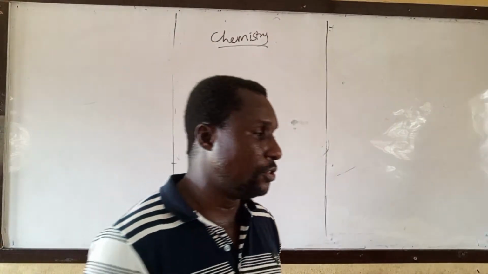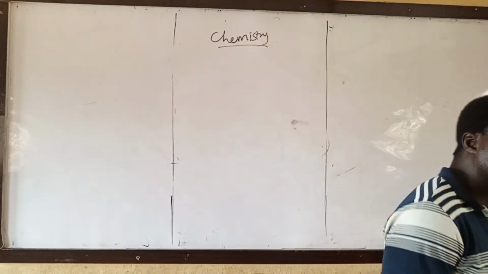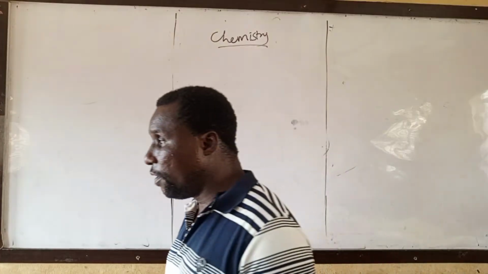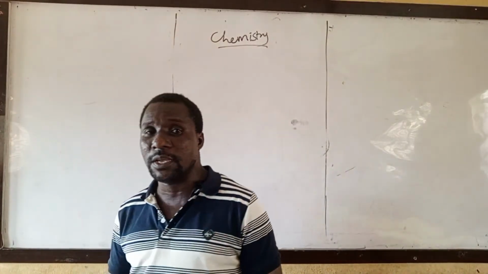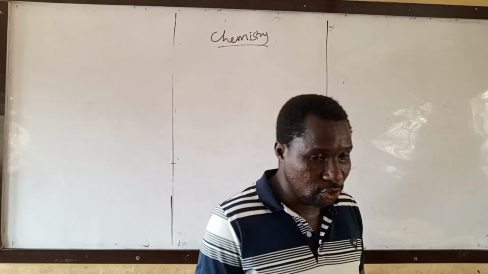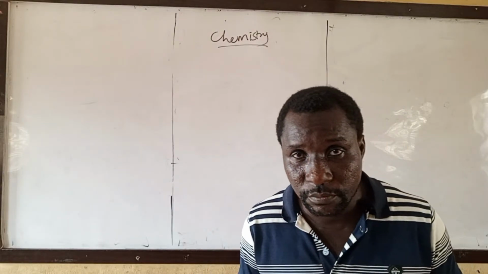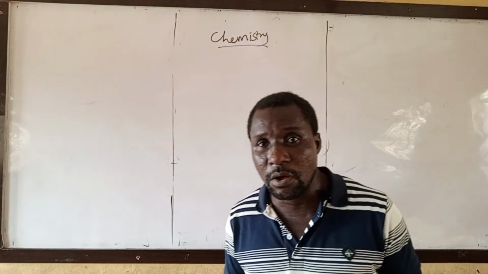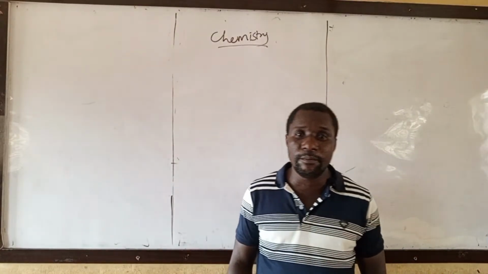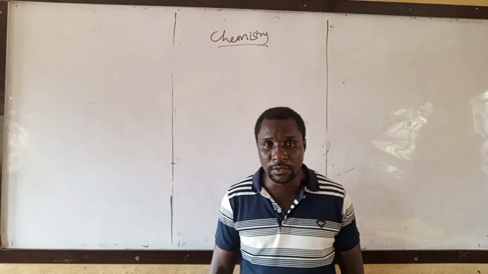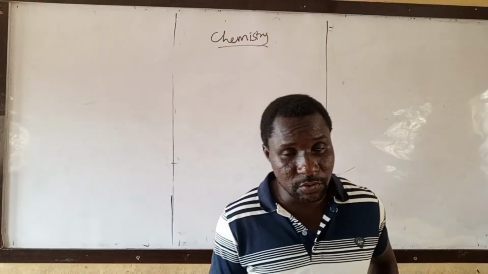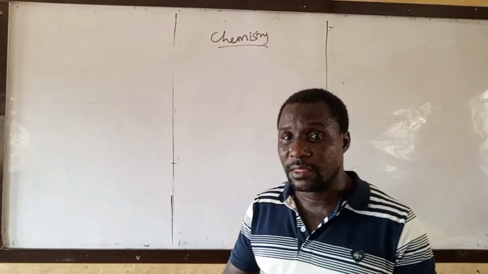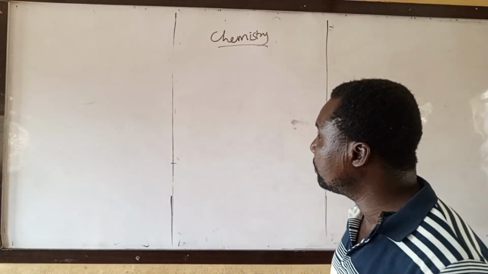Class, let us continue now. We started with covalent bond, and I told you covalent bond involves sharing of what? Electrons. Sharing of electrons. And covalent bond occurs when non-metals combine with what? Non-metals. When you have non-metal combining with non-metal, that is covalent bond.